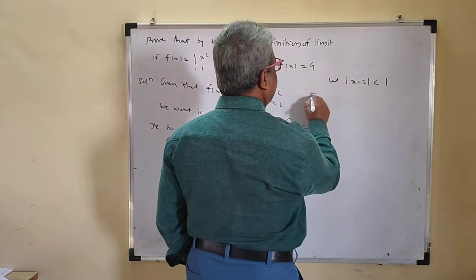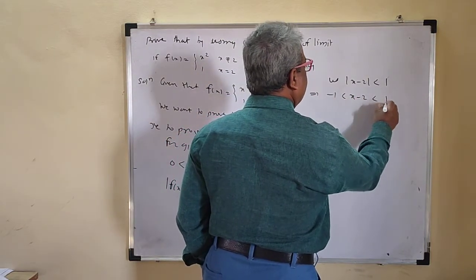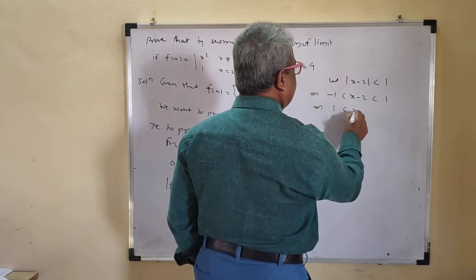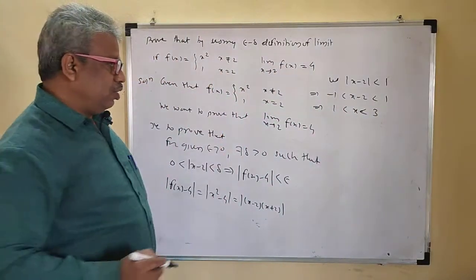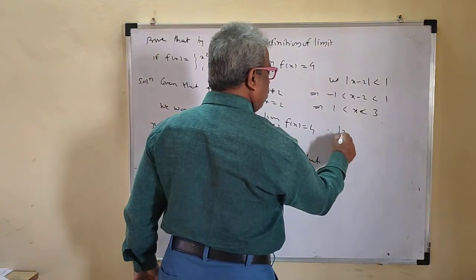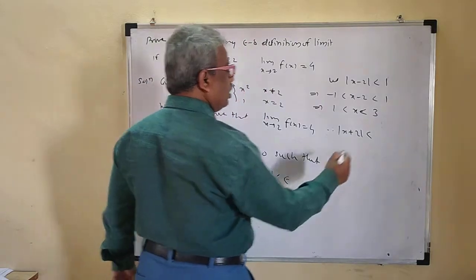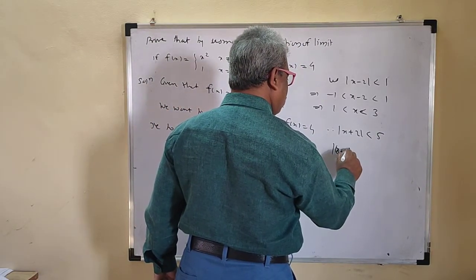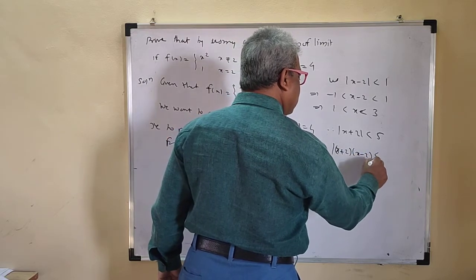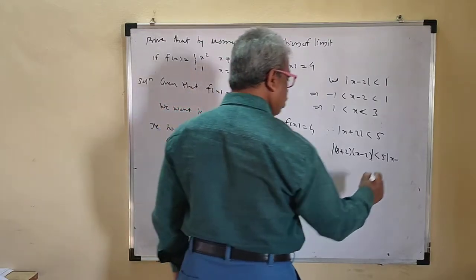So what does this imply then? Minus 1 less than x minus 2 less than 1. So this implies that 1 less than x less than 3. So therefore mod of x plus 2 is less than 5. So therefore mod of x plus 2 times x minus 2 is less than 5 into mod of x minus 2.